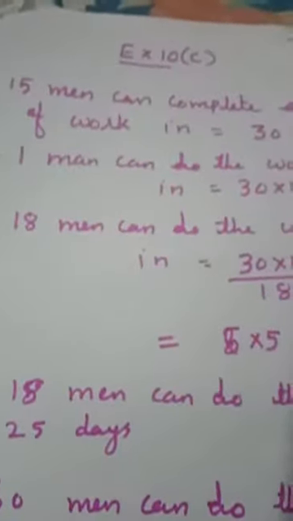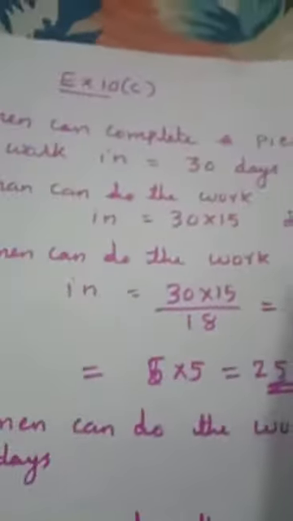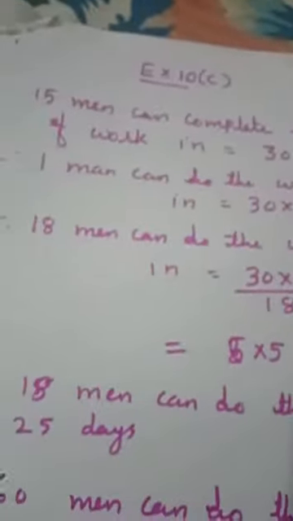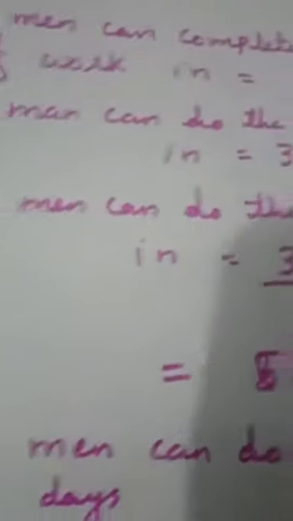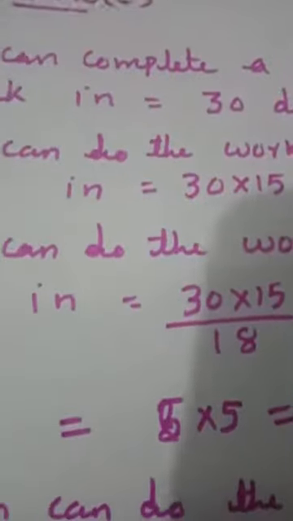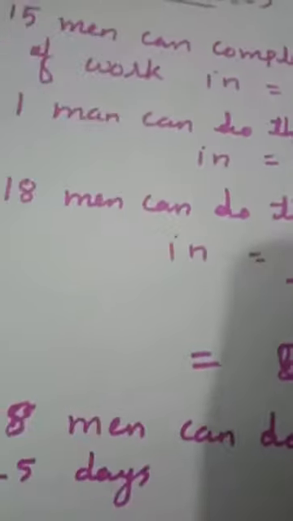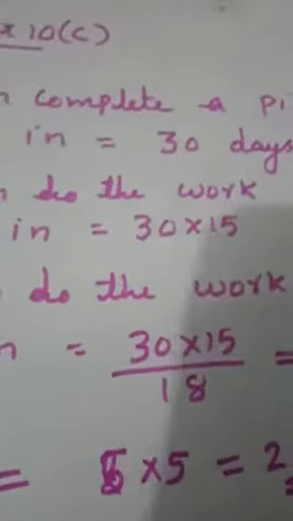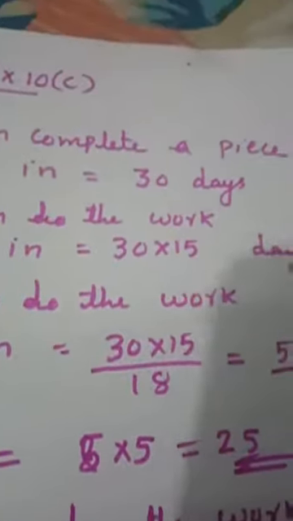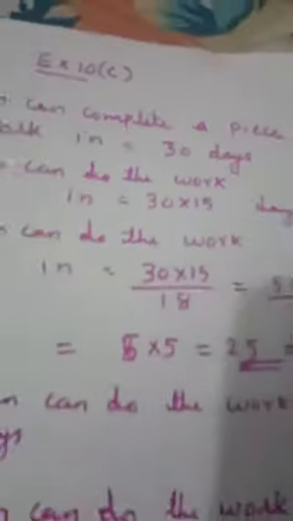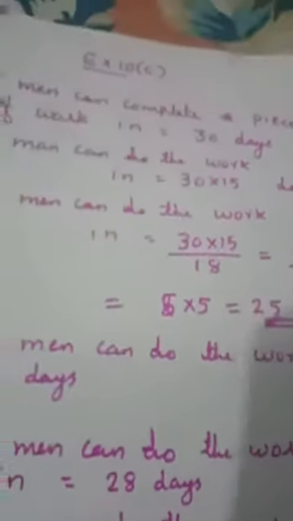Okay, clear? So first 15 men can complete a piece of work in 30 days, and one man can do the piece of work in 30 into 15. Now division, remember multiplication. Now 18 men can do the work in 30 into 15 by 18. It is 25. Okay.